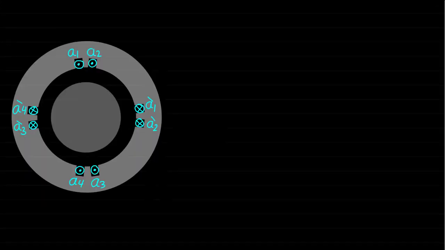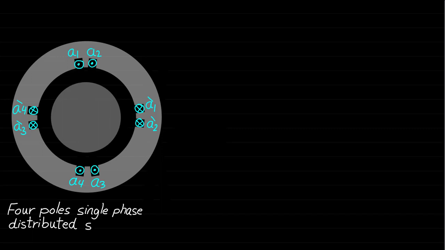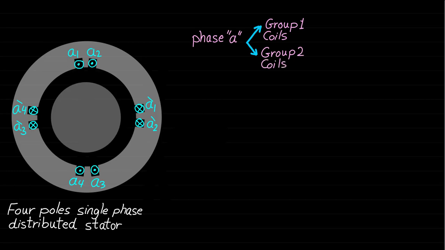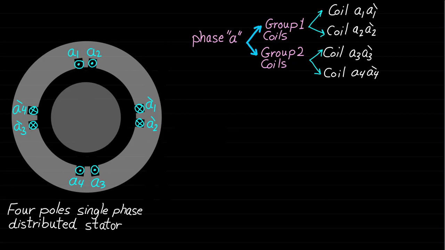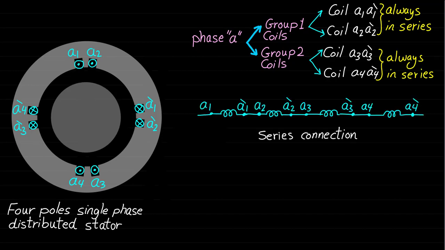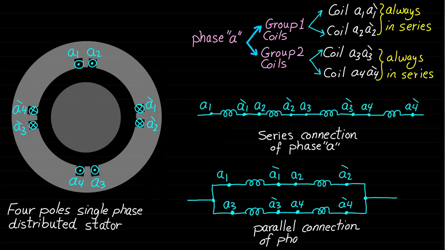This figure shows a four-pole single-phase distributed stator where the phase consists of two groups of coils. In this example, each group consists of two coils, always connected in series. These two groups of coils can be connected in series or in parallel.